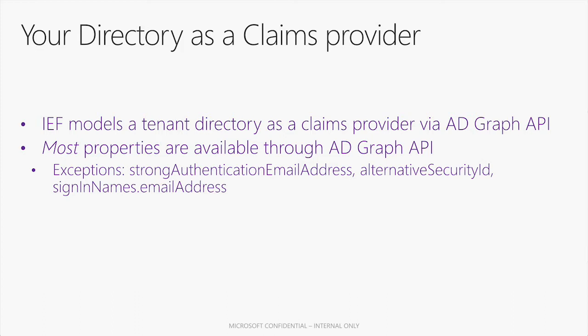If you go through the policy today and look at how alternative security ID is created, there's a transform called create alternative security IDs. That transformation will take identity provider and the user ID as the inputs and return alternative security ID as the structure. So that is the reason why that transformation exists. That is how alternative security ID flows through the system, and then it is sent to AD Graph API.